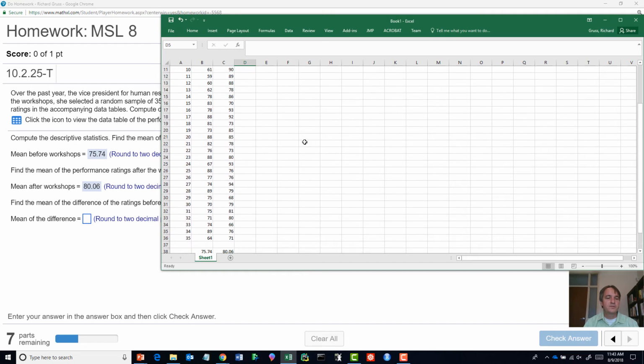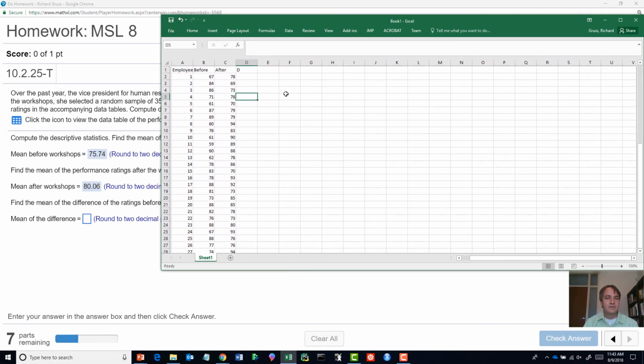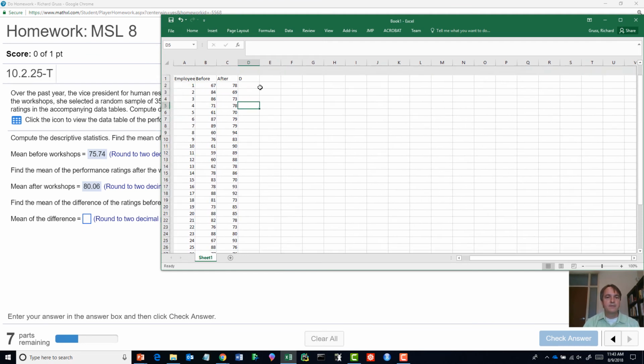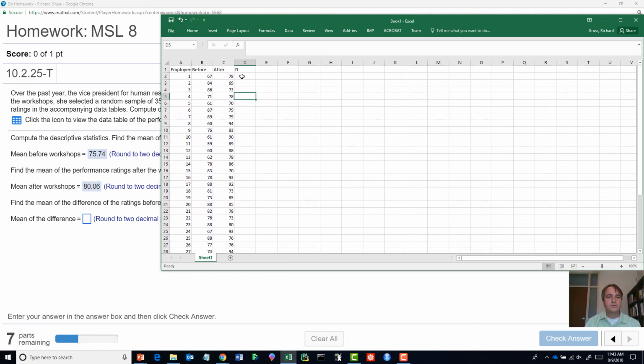Now it would work to just take that minus that, but we'll go ahead and do this because I think we'll need these later. So we're just going to set this equal to this minus this. So that's the change in performance. Now we'll just paste this formula down.